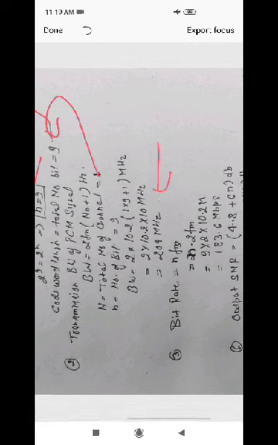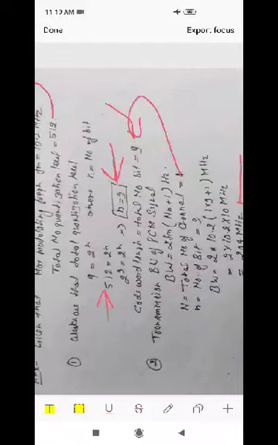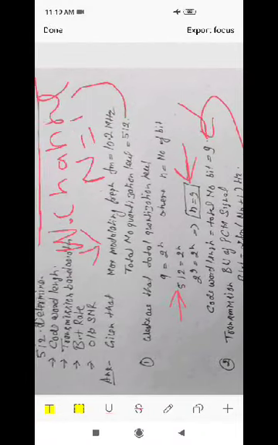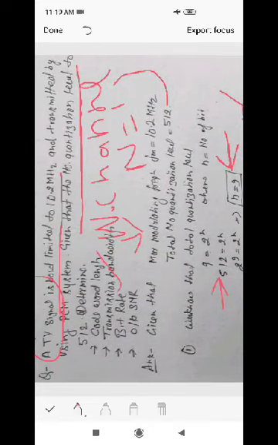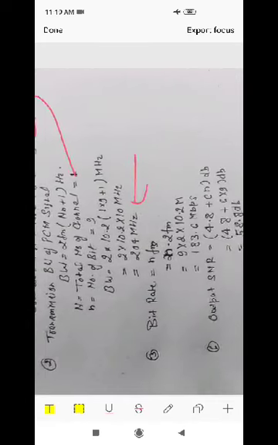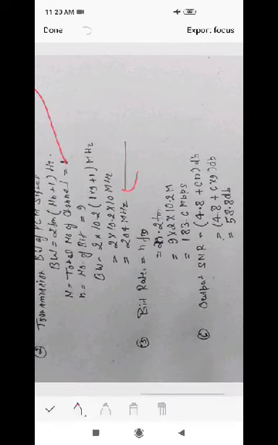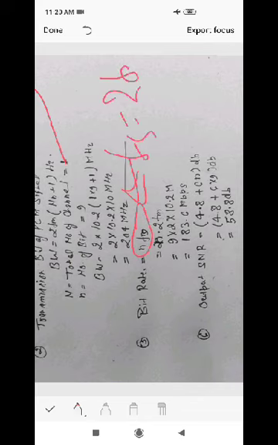Now we move to the second thing which we want to calculate, bit rate. Bit rate is simply n Fs, where Fs is sampling frequency or sampling rate. Fs is equal to 2 Fm.